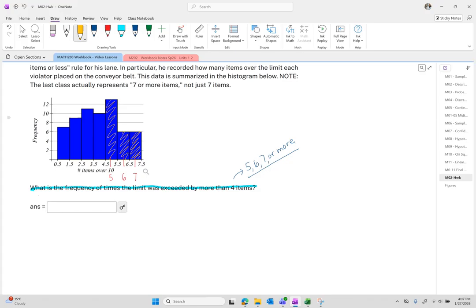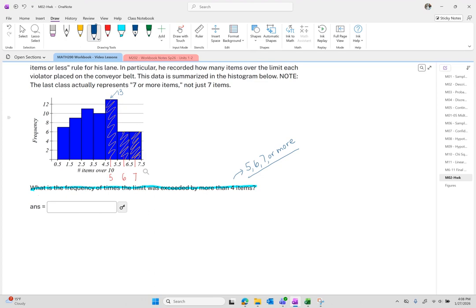So here my answer should be the frequency of this tallest rectangle, and remember the height of the rectangle is the frequency. So this looks like it is 13 because the horizontal lines are going up by 2.